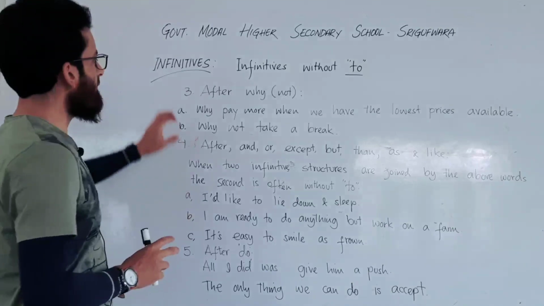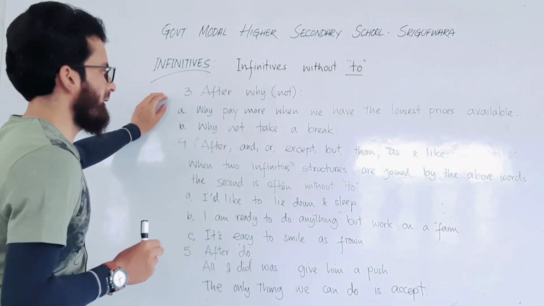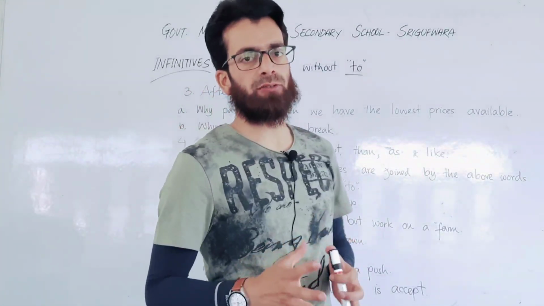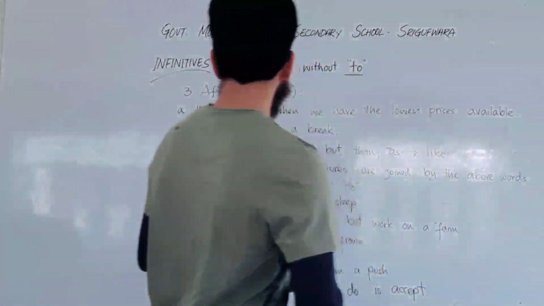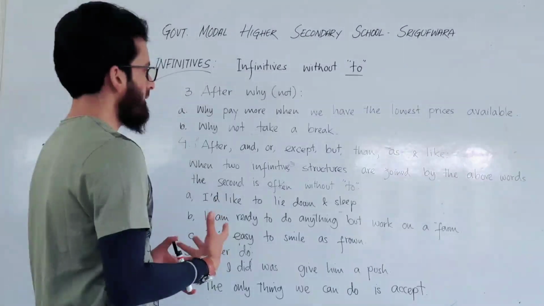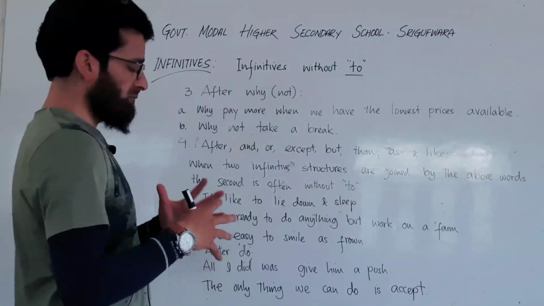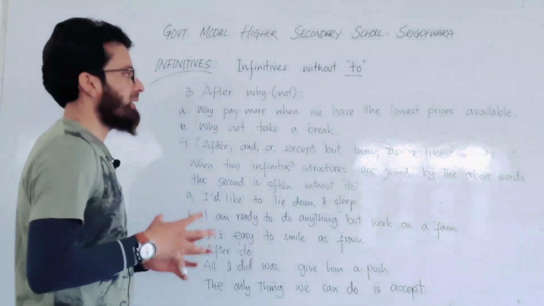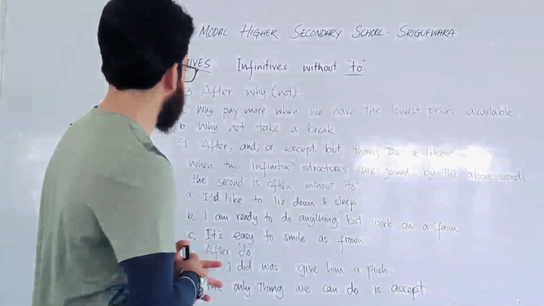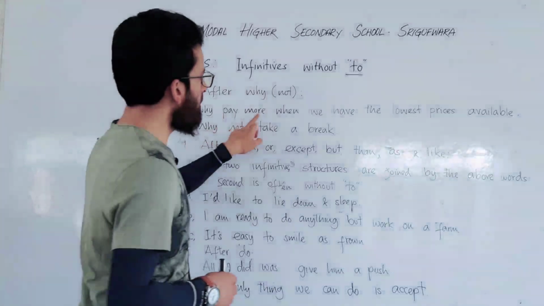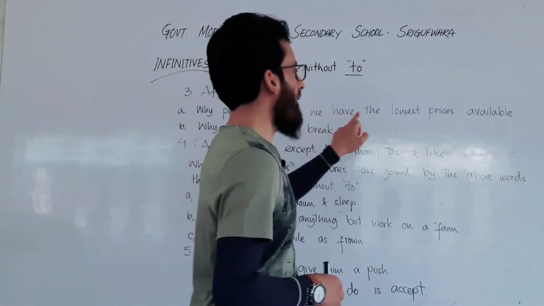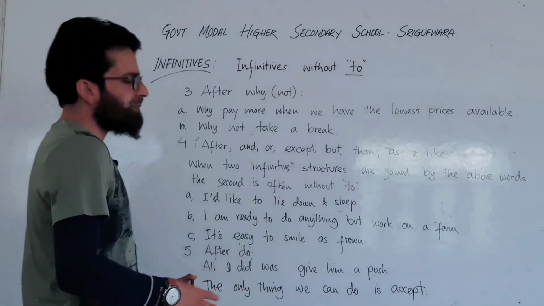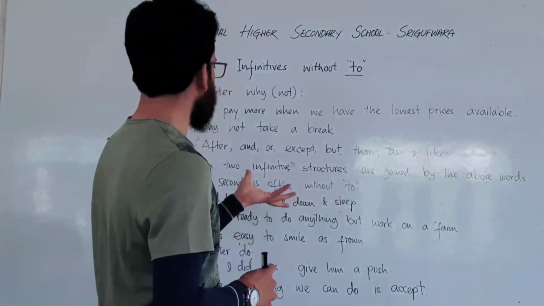Then the third is after why, or sometimes why not. When we have a word structure or a statement that begins with why, you should drop to in the infinitive, meaning you can use the bare infinitive. Why pay more when we have the lowest prices available? You cannot say why to pay more, because this structure starts with why.